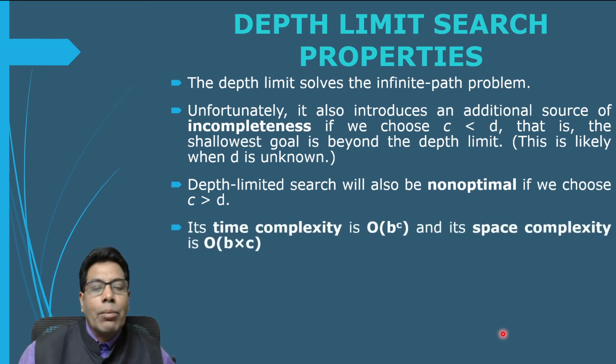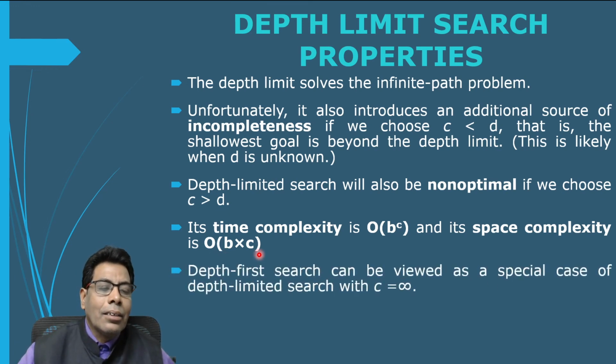Then next is time complexity. For depth limited search, the time complexity will be of the order of B raised to C, and the space complexity will be of the order B multiplied by C. And then depth first search can be viewed as a special case of depth limited search with C equal to infinity.